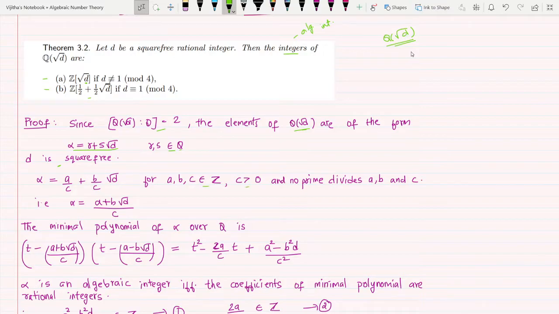Further we can assume that no prime P divides all of A, B and C. So alpha equals A plus B root D by C.